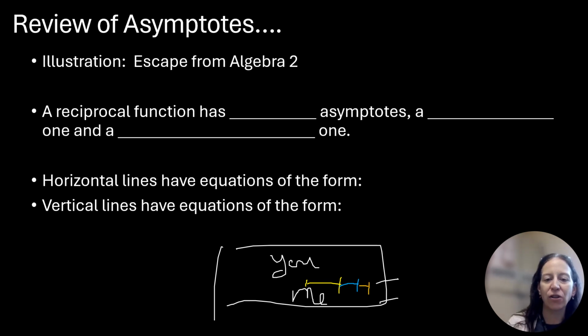Each time I'm covering less and less distance because half of the remaining distance is less. But no matter how far I go, I still have half the distance left to go. In practice, I'm eventually going to hit the door because I can only take steps that are so small, and my shoulders actually have width to them. So I'm going to slam into the door. But theoretically, from a math standpoint, I'm never, ever escaping from Algebra 2.